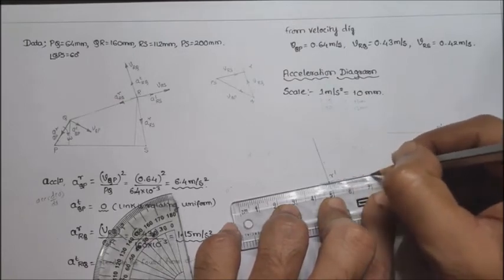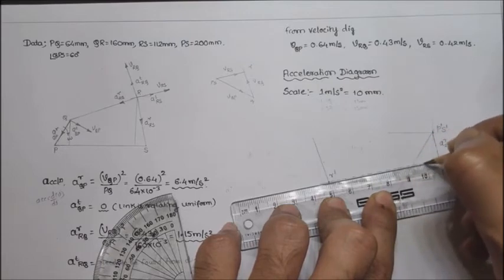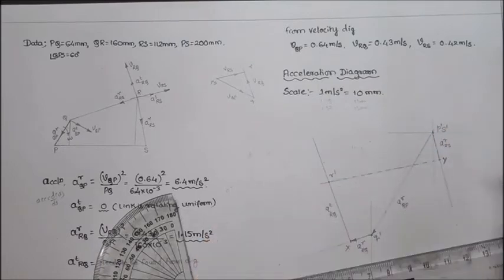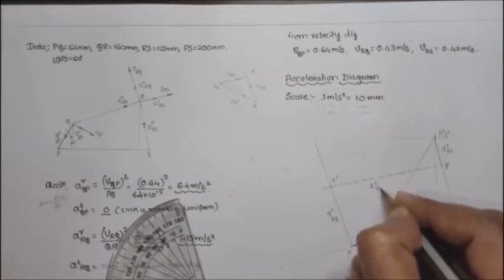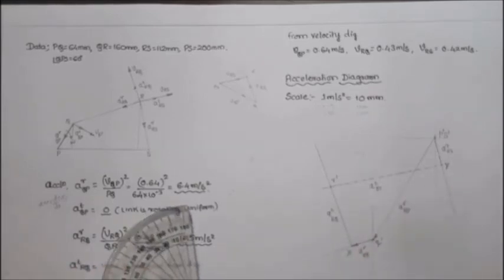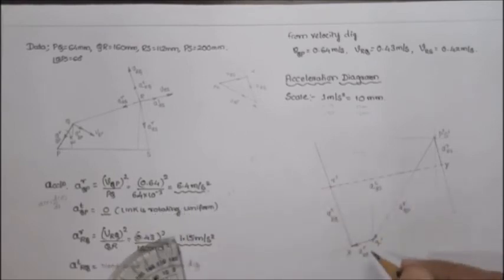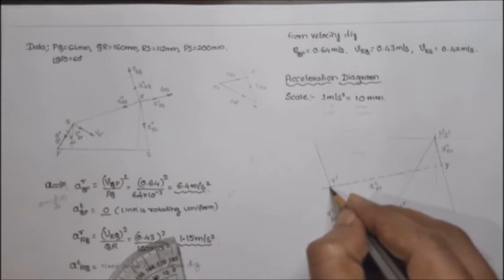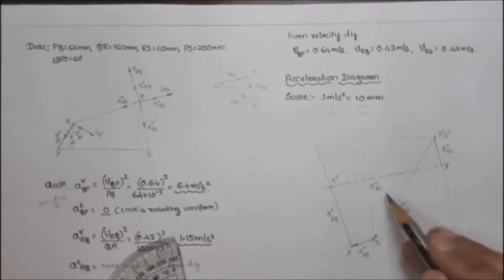Again we need to draw a dotted line. So this is acceleration tangential of R with respect to S. So we got the point here, and this particular point will be having the R point. Now we have to get the resultant accelerations of Rs and of Rq.